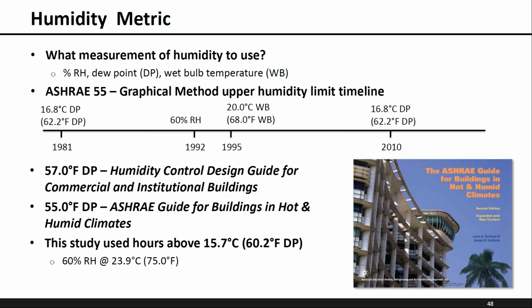We picked a number of 60.2 degrees Fahrenheit, which is based on 60% RH at our baseline thermostat cooling set point. And then to aggregate the humidity numbers, we simply summed up the hours in which the indoor humidity was above that threshold. We didn't look at the magnitude of the excursion or the duration of the particular excursions. We simply summed up the hours over the given year.